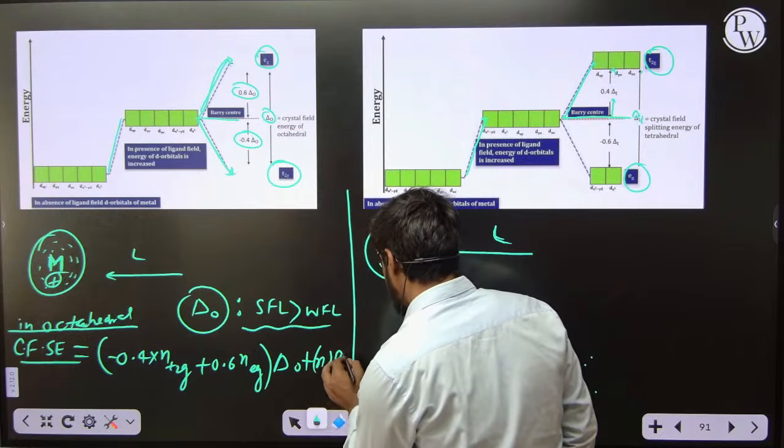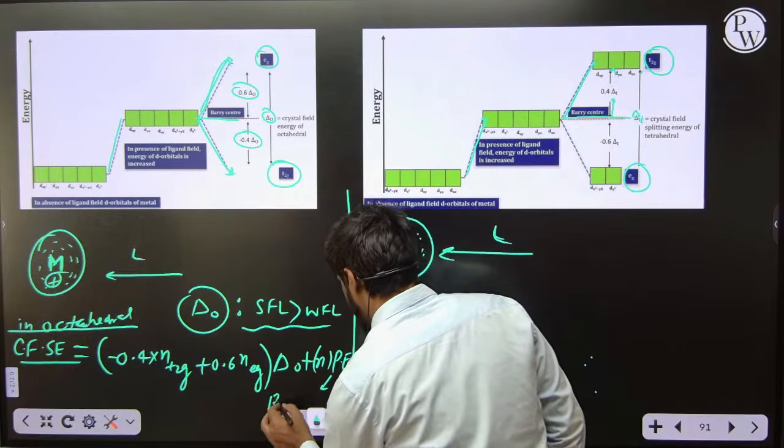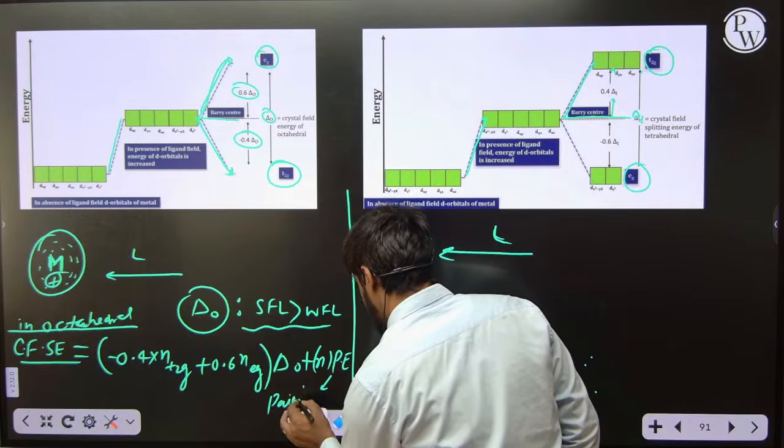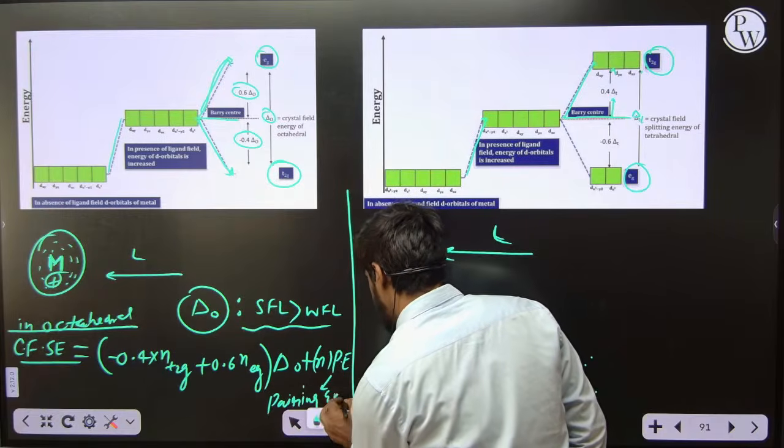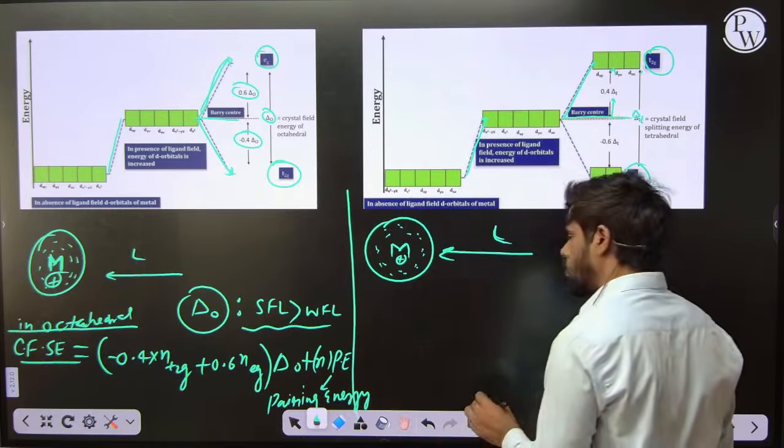The pairing energy will be given in the question.